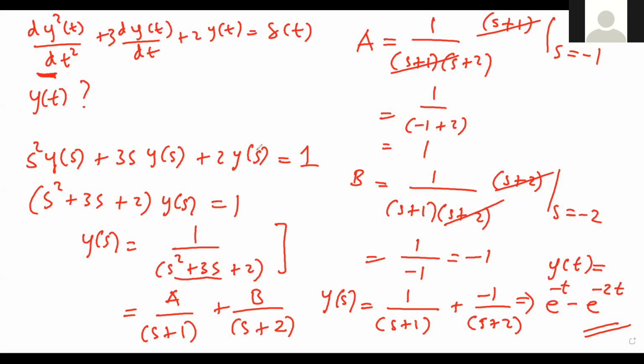So in the bottom, it was (s plus 1) times (s plus 2), and in the numerator, it was s plus 2 as well. So I divided, and the answer was 1 over s plus 1. So you found the correction.